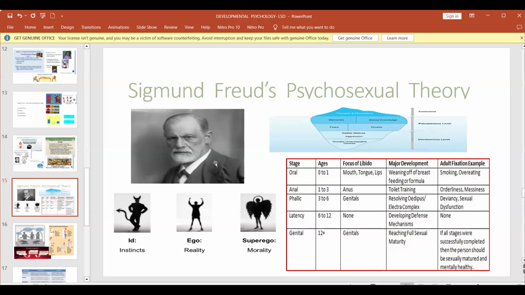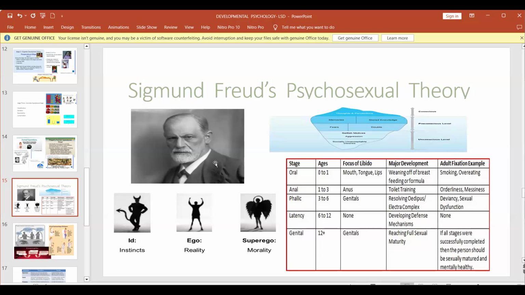He grounded this theory on that belief or assumption: the existence of the unconscious mind and the childhood experiences stored in the unconscious mind.